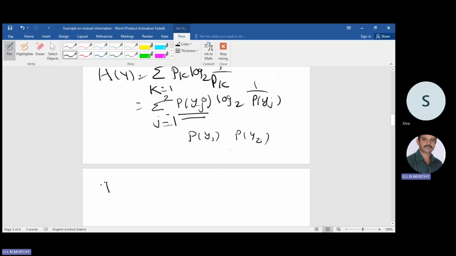Because from the basics of probability fundamentals, we know one theorem called the total probability theorem.